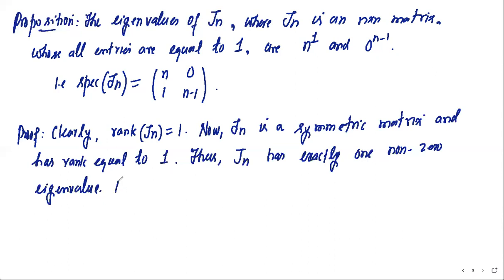Now since the trace of Jn is equal to n, because all of the diagonal entries are equal to 1, the trace of Jn is equal to n, but we know this is equal to the sum of eigenvalues.